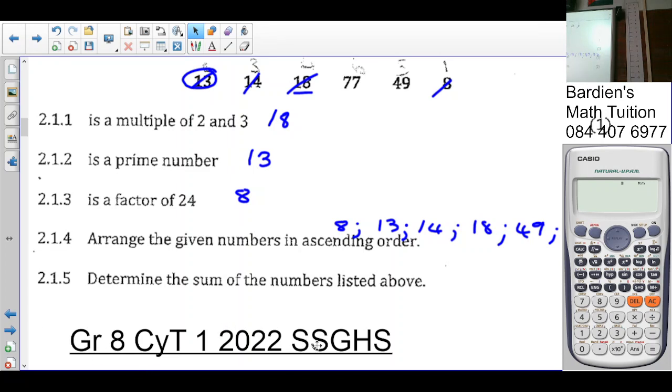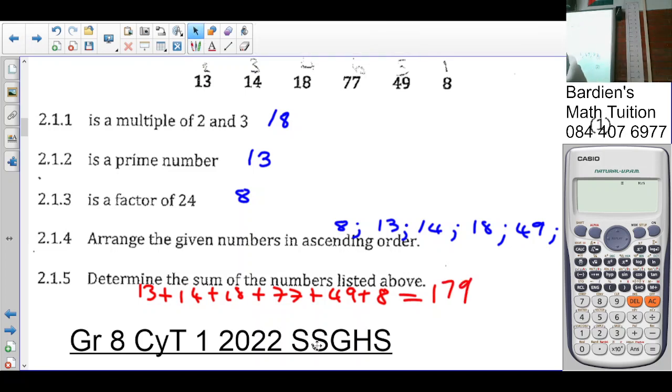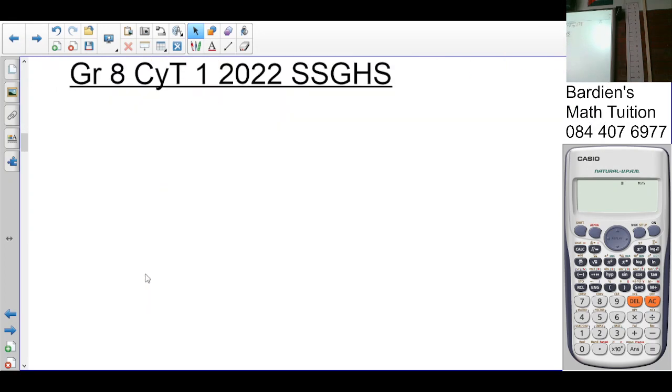What does sum mean? Just add. Add all these numbers, not so? So it's going to be 13 plus 14 plus 18 plus 77 plus 49 plus 8. And that gives us an answer of 179. Okay. Let's go to the next sum.